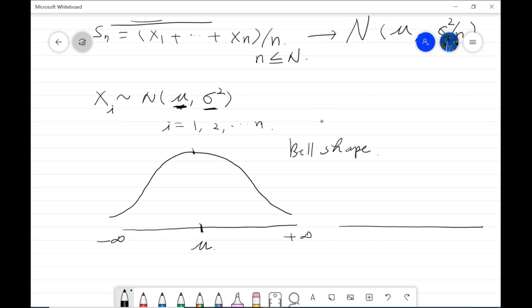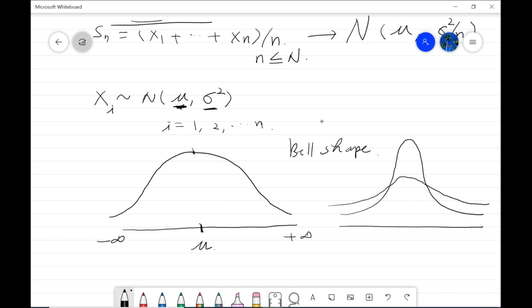So if you have a smaller sigma square, it looks like this. But on the other hand, if you have a higher sigma square, that means the top portion gets lower and it is dispersed, so this way.